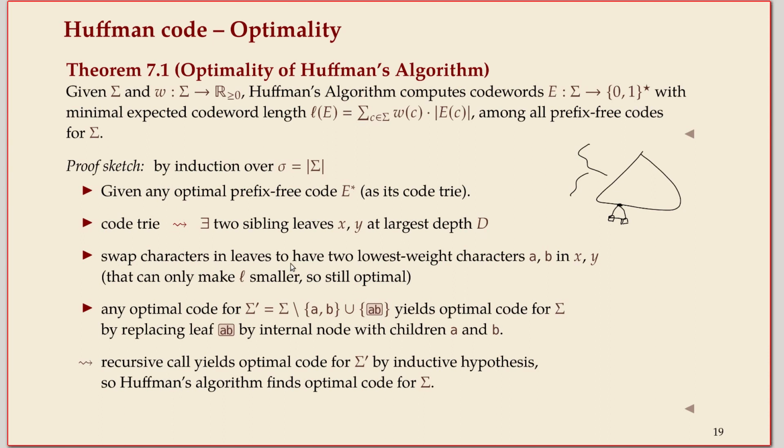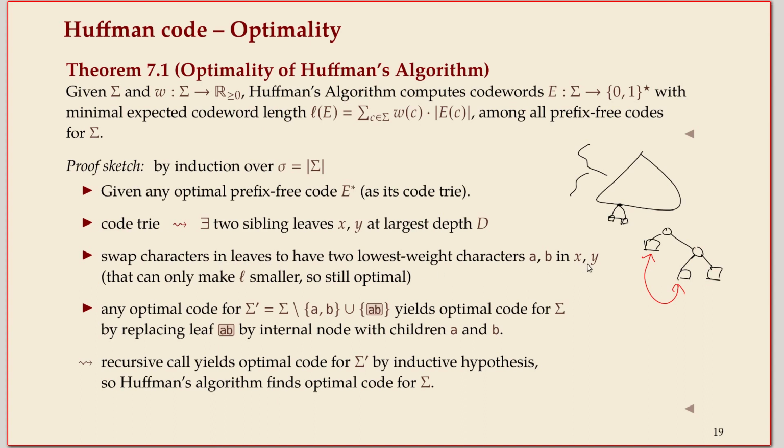Now, also, I can always swap characters. If I have a trie with leaves at different depths, I can decide to swap the characters in those two leaves. That will put one to a shorter code word and the other to a longer code word.